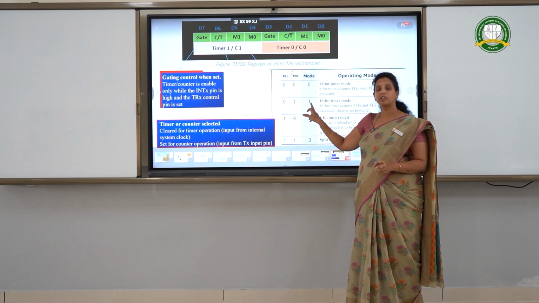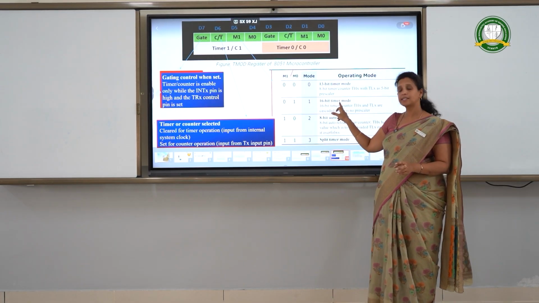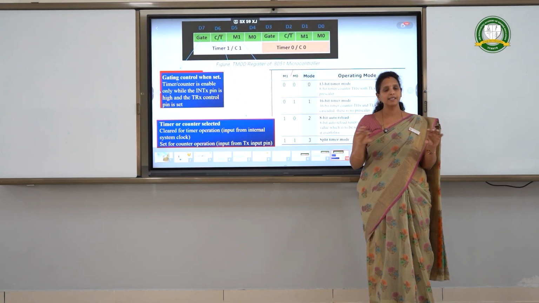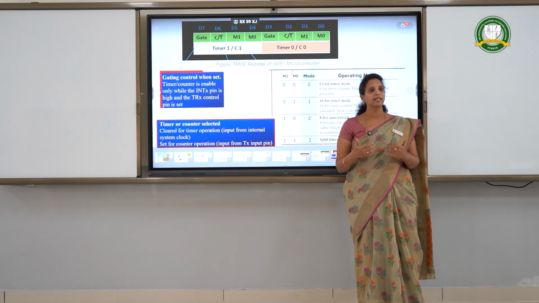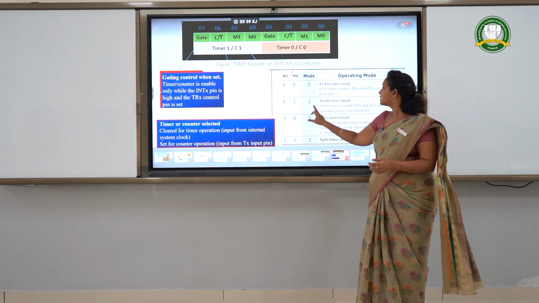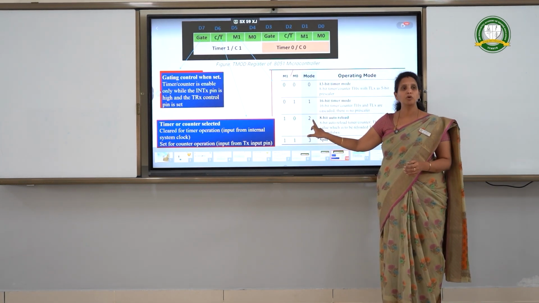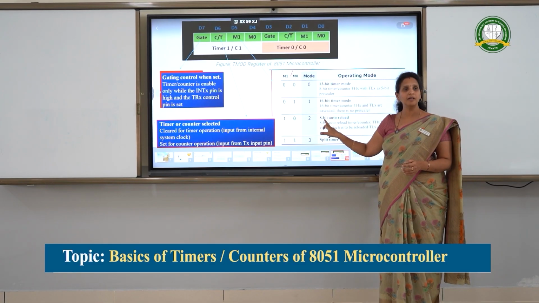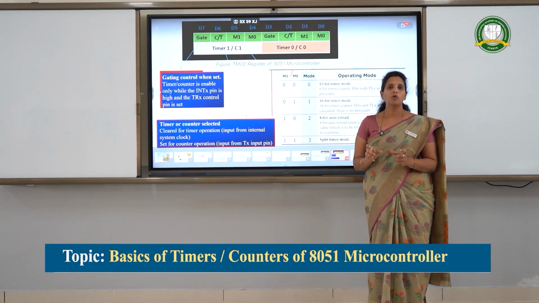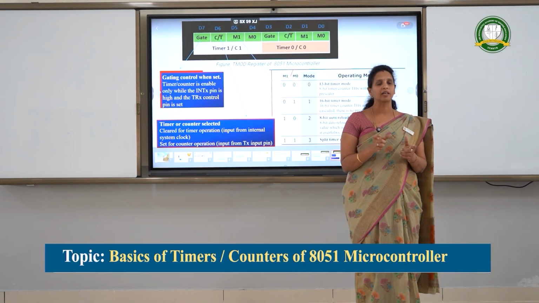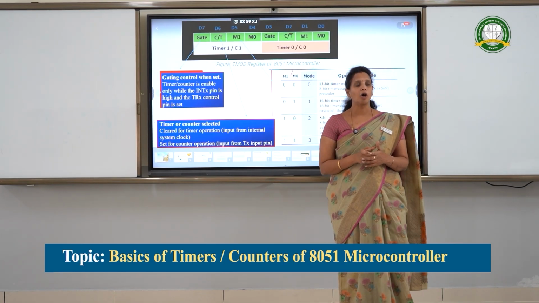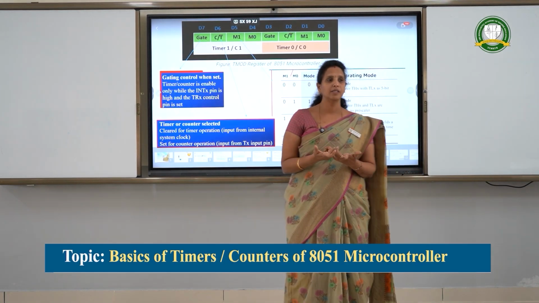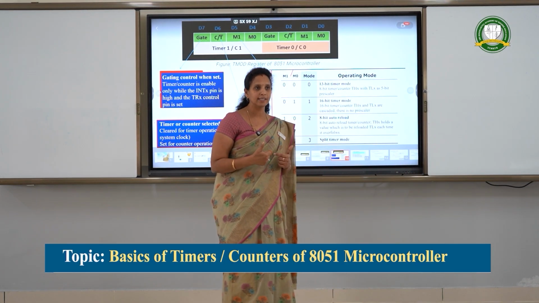Similarly, whenever it is working in mode 1, which is also called the 16-bit timer mode, all the 16 bits of both timer 0 and timer 1 will be working. Whenever it is set to mode 2, which is called 8-bit mode, only 8 bits will be working, that is TL0. A copy of whatever is loaded into TL0 will also be there in TH0.